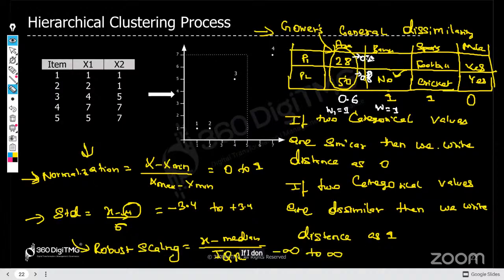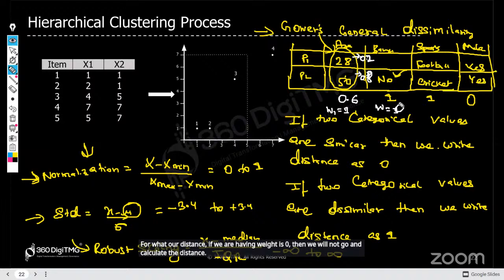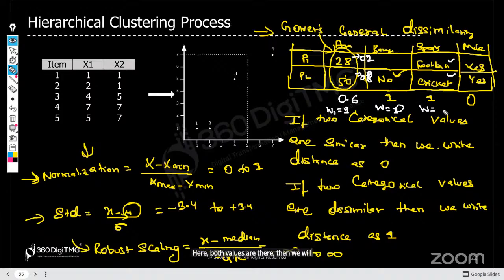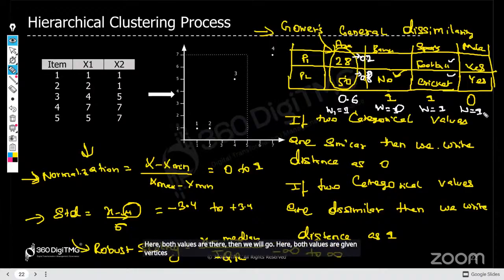If I don't have this value, we will give weightage as 0. Forget about distance. If we are having weightage as 0, then we will not go and calculate the distance. Here, both values are there, so we will give weightage as 1.